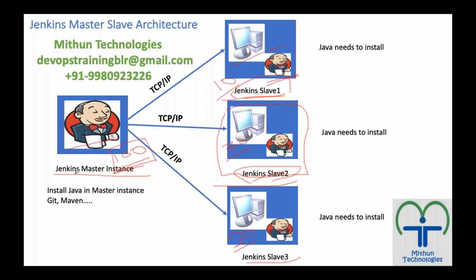All the jobs information is available in the master instance. Where in the master instance? Which directory? In the jobs directory. If you go to our Jenkins home directory, there you will see the jobs directory, right? So already we discussed this. So all the jobs information is available in the master instance.